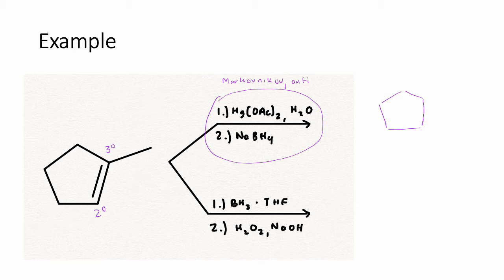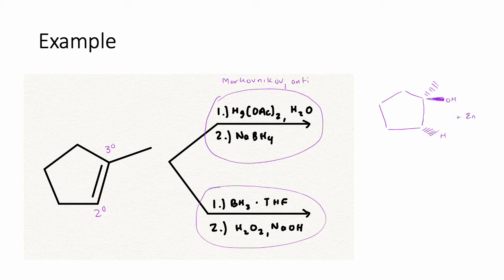So that means the tertiary one, because we are proceeding via Markovnikov, is going to get the hydroxyl group, and the secondary one is going to get the hydrogen, and they both have to be on opposite sides of the plane because we are adding via anti-addition. And I'm just going to write plus En for the other enantiomer that results from this.